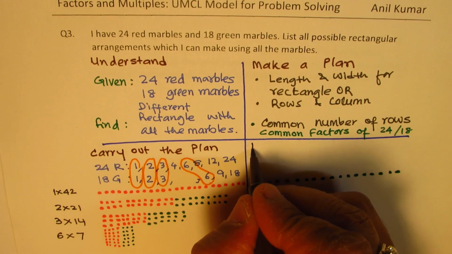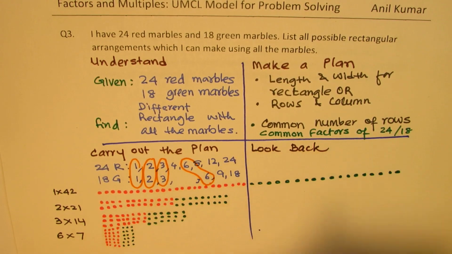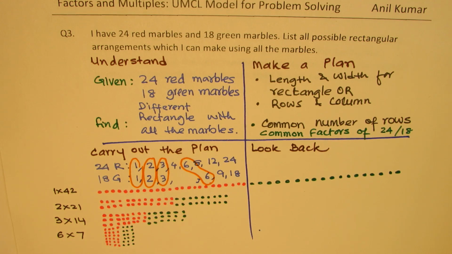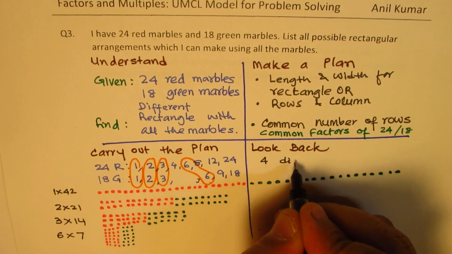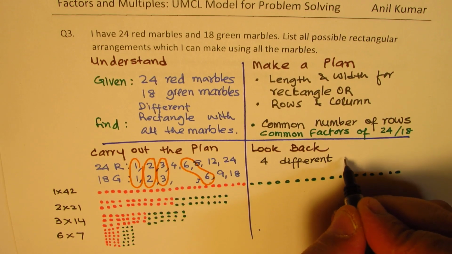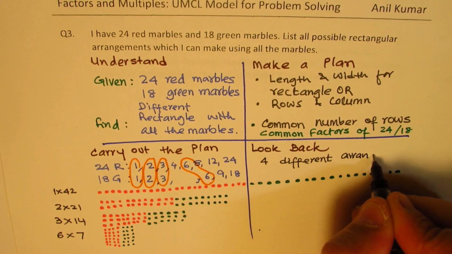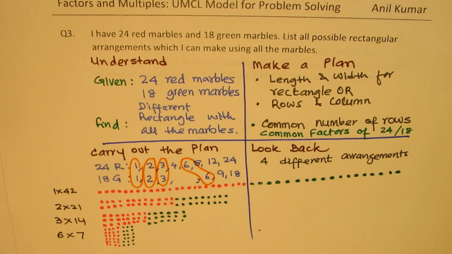So let's look back. When you look back, you do have 4 different types of arrangement for this particular condition.